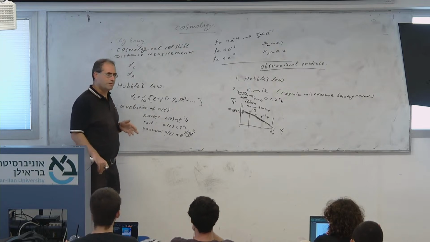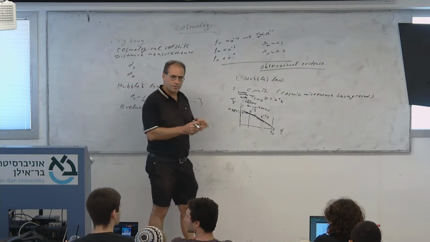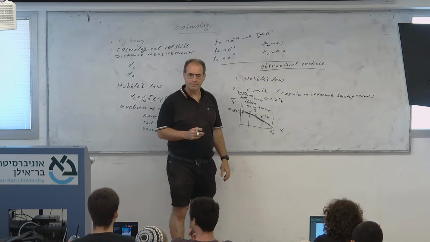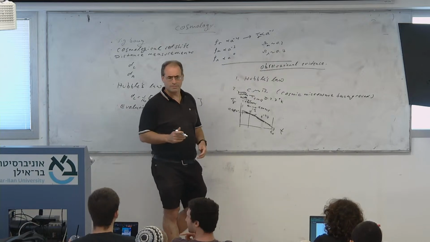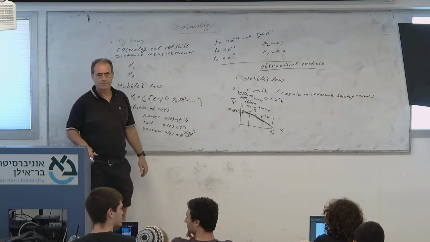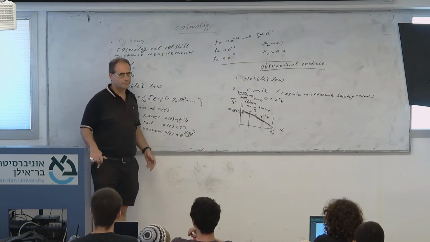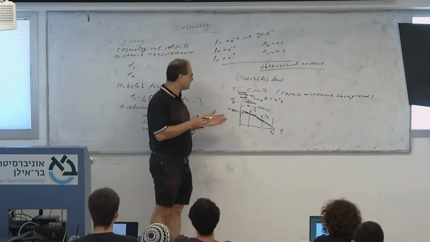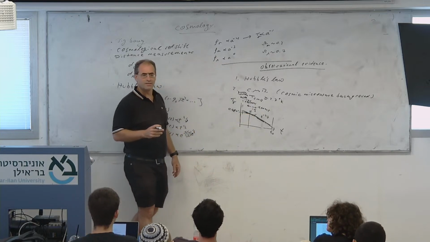You also had a question in the homework about Thomson scattering. Compton scattering is basically the same cross section.